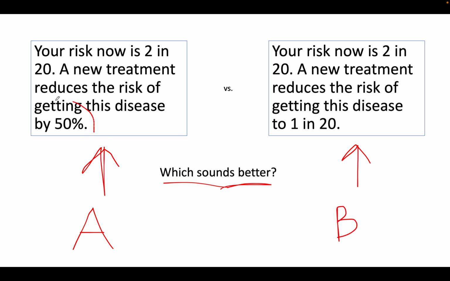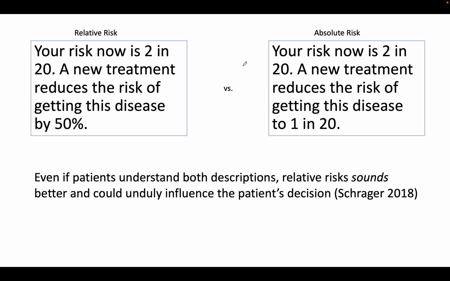Wow, well, this one sounds pretty amazing because of this big number, 50%, right? Whereas this one says exactly the same information, but simply uses 2 in 20 and 1 in 20. So you can see how even though these are equal mathematically, the way that you use numbers can really make one sound good and one sound not as good. Even if patients understand both descriptions, relative risk sounds better and could unduly influence the patient's decision in this case.